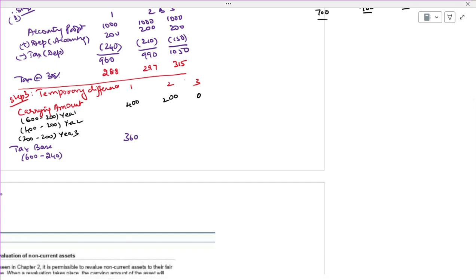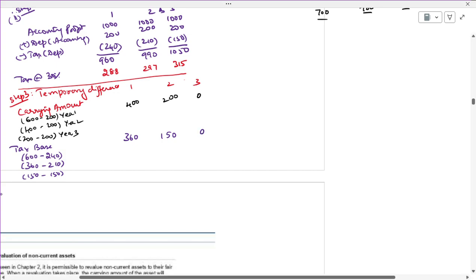Second one, 360 minus 210 comes to 150. Third year, 150 minus 150 comes to 0.